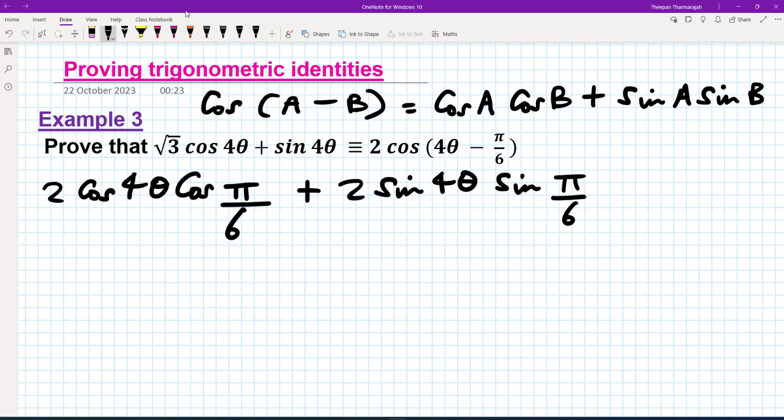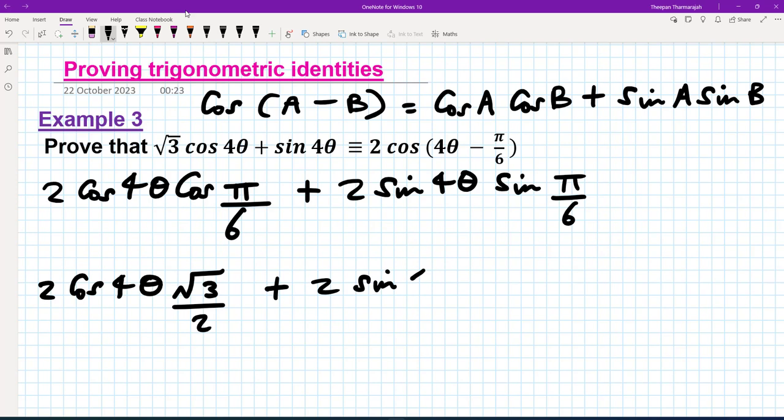Now, cos pi over 6 is the same as cos 30, which is root 3 over 2, plus 2 sine 4 theta, and sine pi over 6 is the same as sine 30, which is half.